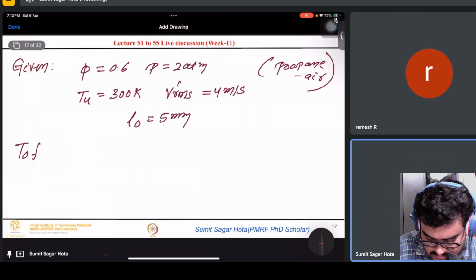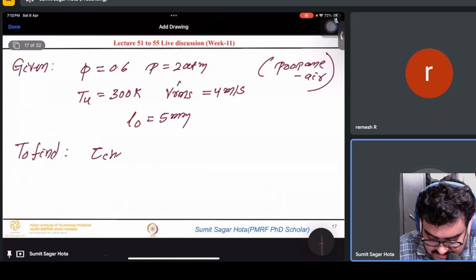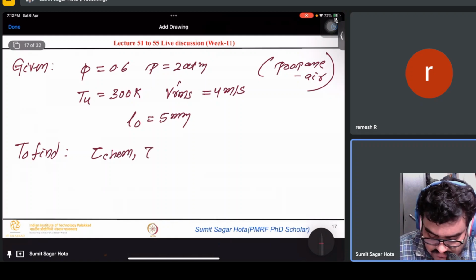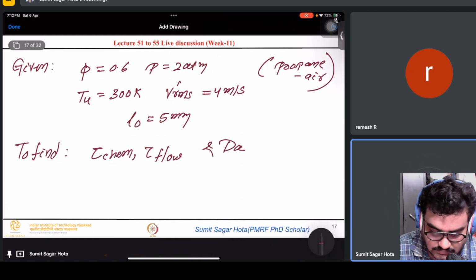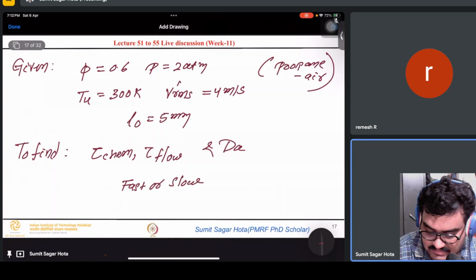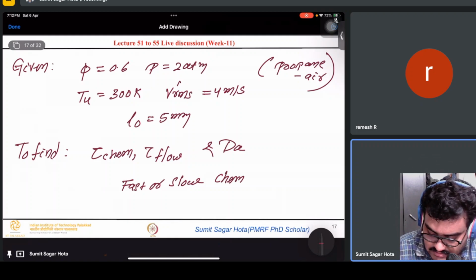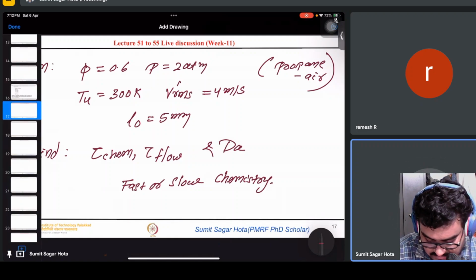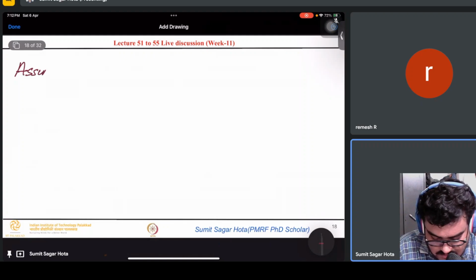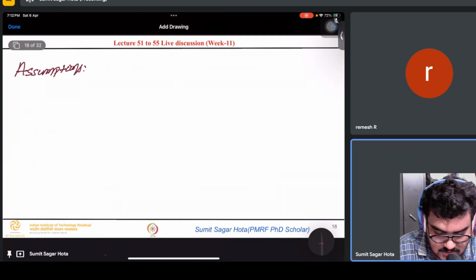To find: chemical time scale, flow time scale, Damköhler number, and one more thing, fast or slow. Some assumptions we can also make: for the propane air flame, we are assuming the flame temperature as 2000 Kelvin.